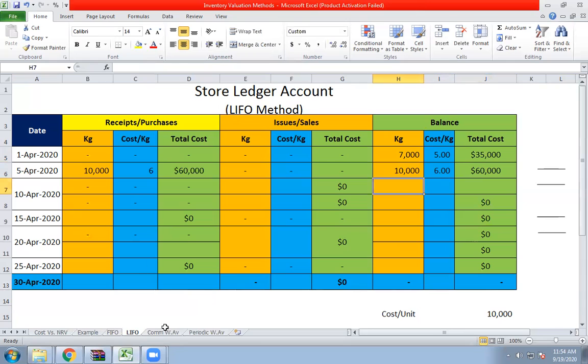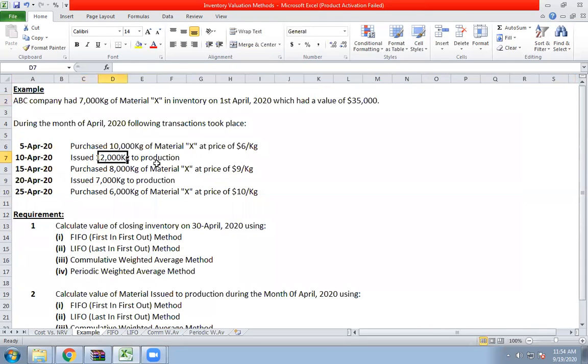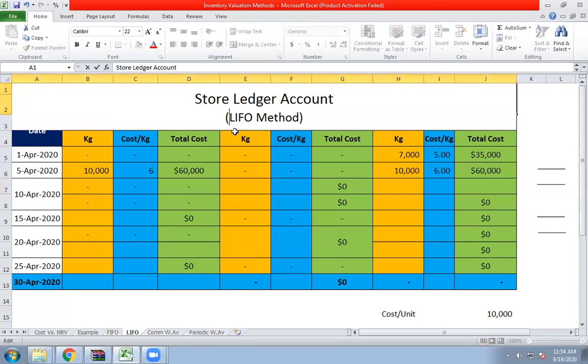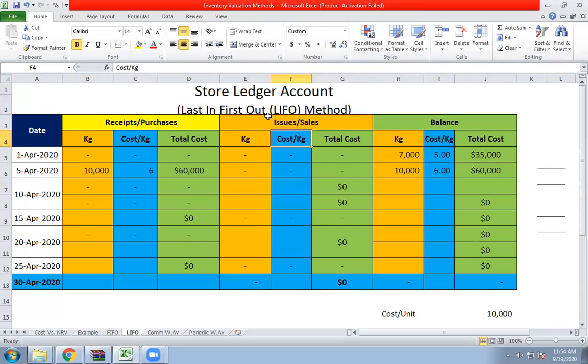Now I have to issue material on 10th April. I have to issue 12,000 kg of material to production. The method is LIFO, last in, first out. Last in, first out means I will issue the material which has been received most recently, and that is this 10,000.